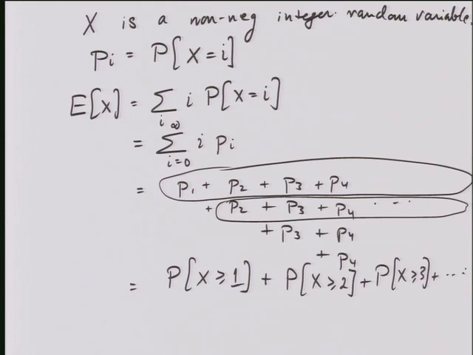So in the case that x is a non-negative integer random variable, you can compute its expectation by taking the sum of the probabilities that x is greater than or equal to i. Right? So this is the summation i equals 1 to infinity of the probability x is greater than or equal to i.